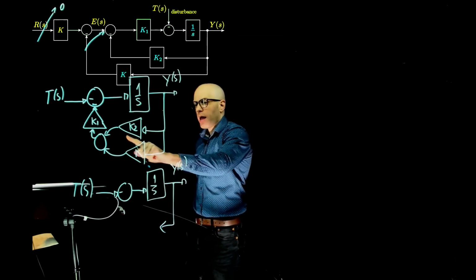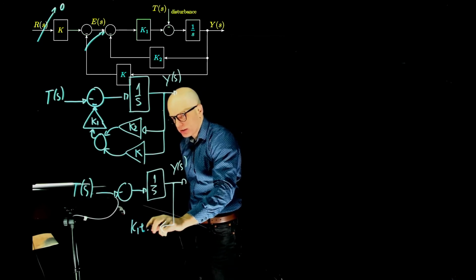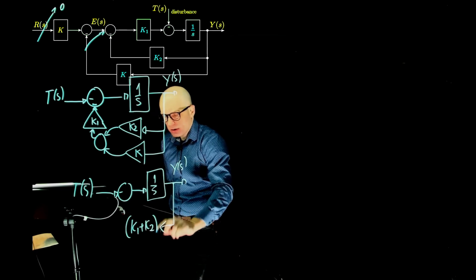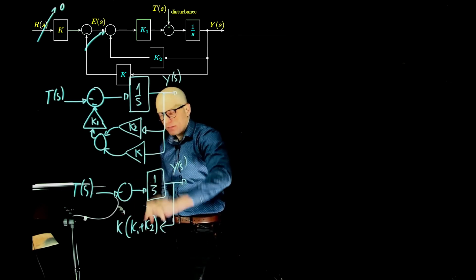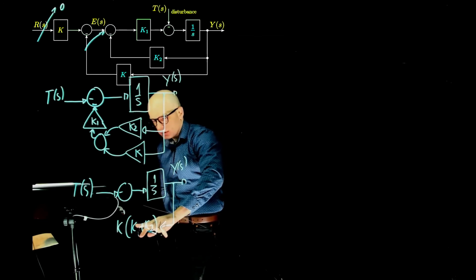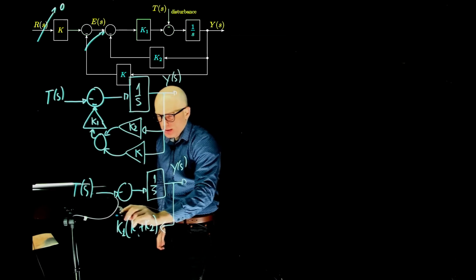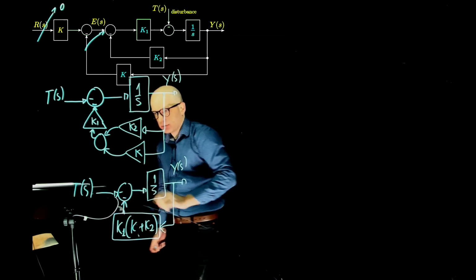We are adding K1 and K2, so we could put them together, K1 plus K2. And you're then multiplying that by K1. Sorry, this is K. Yeah, this is K and this is K1. And then we are moving that up to the sum.